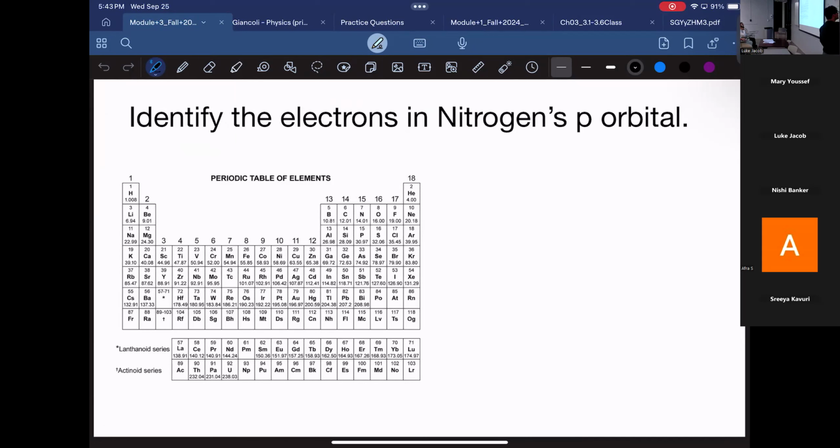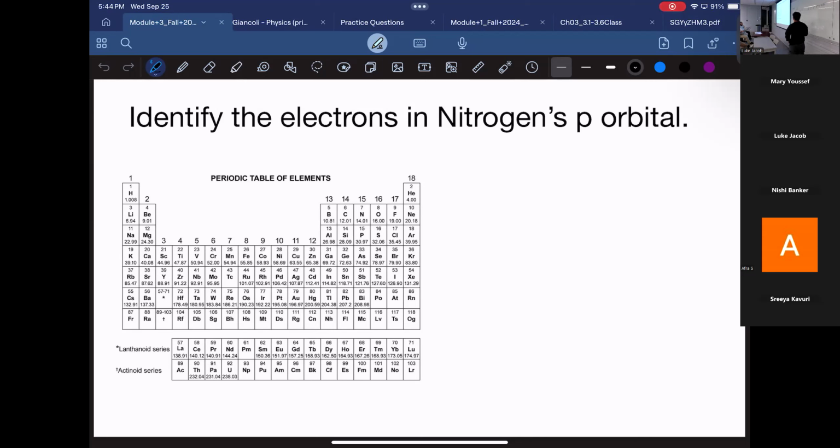So to write this wave mechanical model, can anyone tell me what to write? 1s2, 2s2, 2p6, 3s2, 3p6, 4s1, and then 3d5. So what is happening is the 4s electron is moving to the 3d orbital.